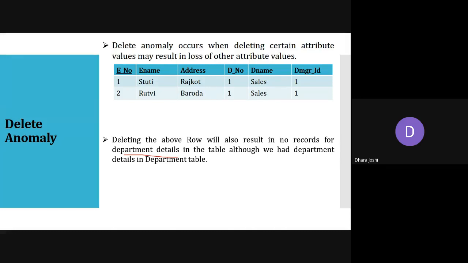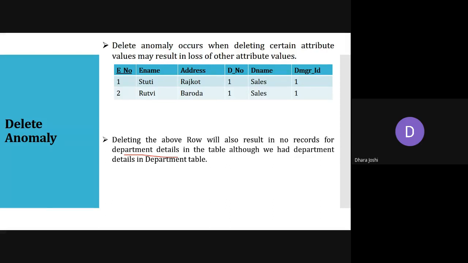Ideally, it is already available there, but in our table it is not showing that. So information regarding the accounts department is also deleted. This kind of problem in a relation, where deletion of some tuples can lead to the loss of other tuples or data which is not intended to be removed, is known as delete anomaly.